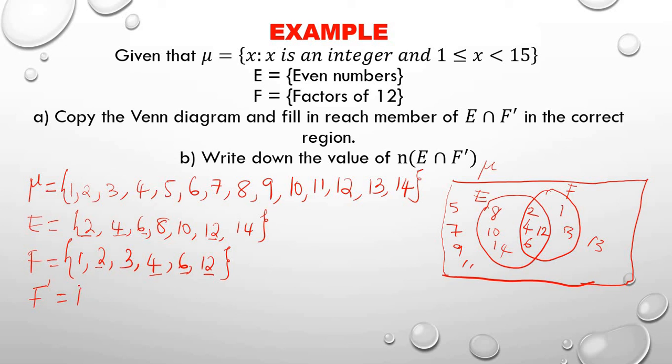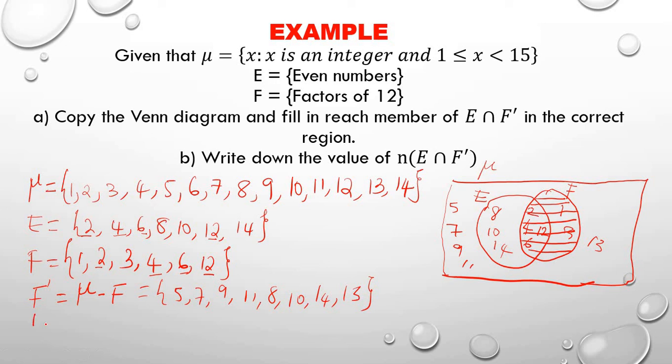Remember, these are the elements in the universal set that are not in F. So let me close up F. This is my F. What do I have remaining? 5, 7, 9, 11, 8, 10, 14, and 13. These are the F complements.